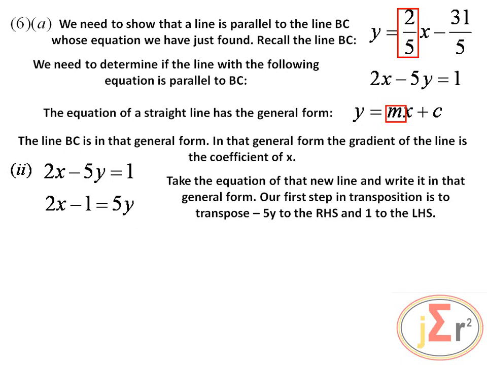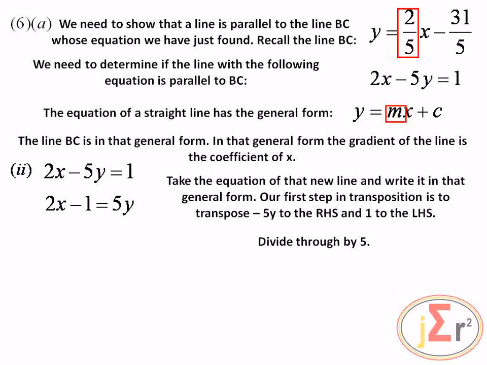We could have transposed it another way and arrived at the correct answer, providing the subsequent steps are correct. But my suggestion is always, if you can, to get the proposed subject of the formula to be positive, and in that general form the proposed subject is y. So divide through by 5.